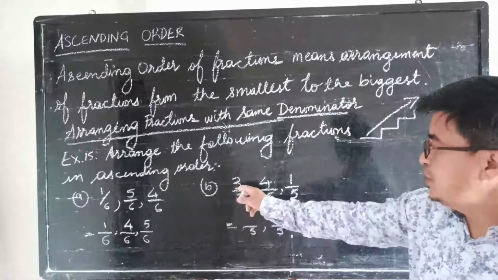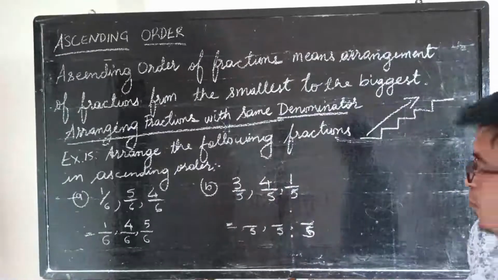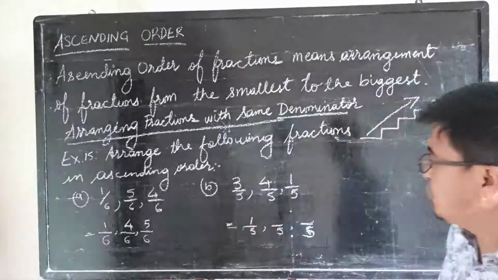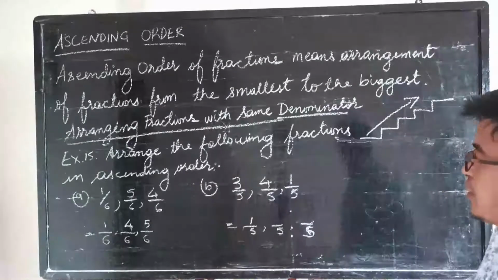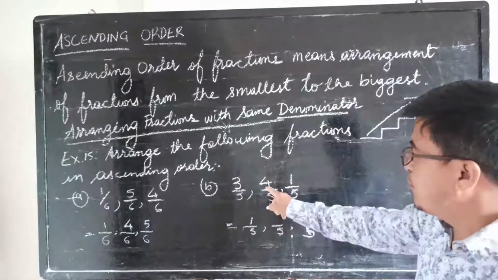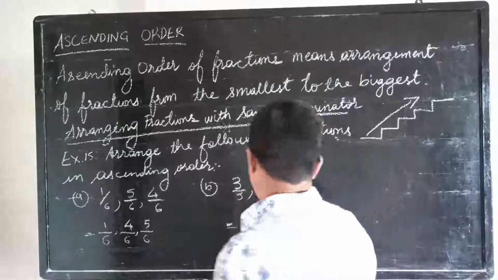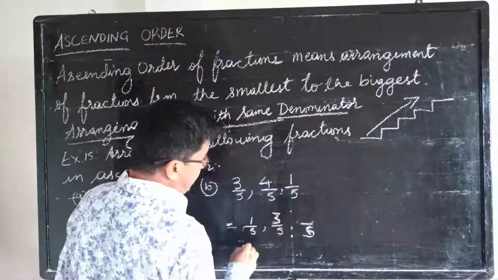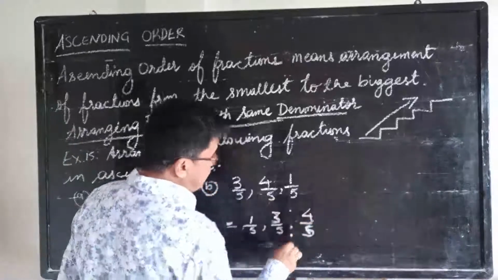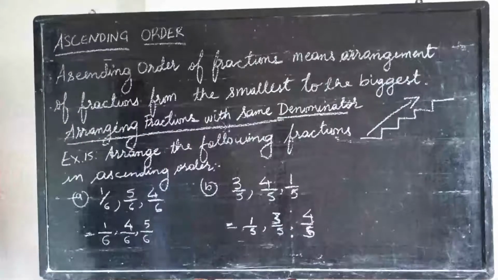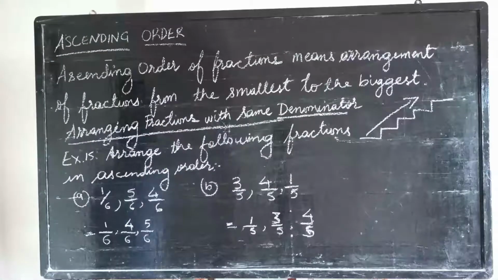Here 3, 4 and 1. Which is smallest? 1. After 1, 3 and 4. Which is smaller? 3. Then 3, and the last remaining is 4. You can arrange in ascending order when the denominators are the same.